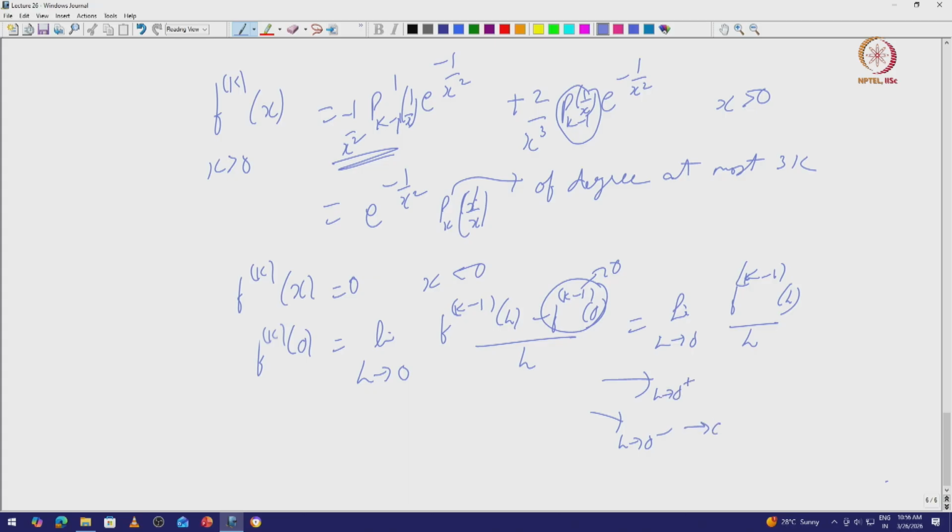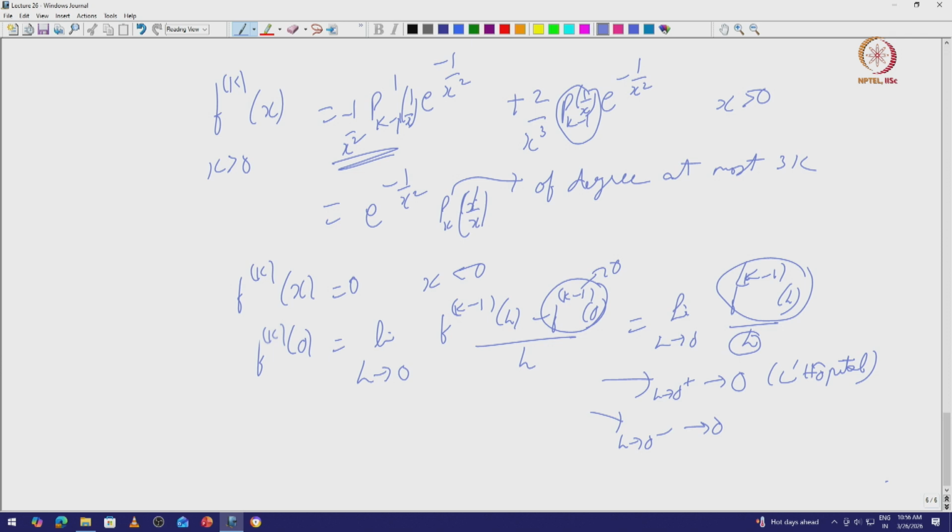This one is 0. This one is also 0. Why is this so? You can use L'Hopital's rule, for example. When you use L'Hopital's rule, the derivative with respect to this becomes 1. The derivative of this with respect to h would become f_k of h. In fact, you don't even need to use L'Hopital's rule. This is just the definition of the derivative.